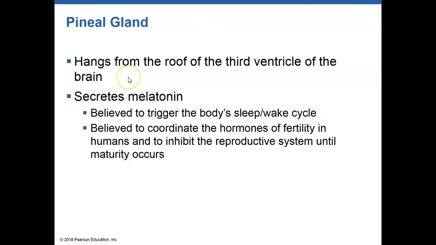The pineal gland is a little tiny gland that a lot of people forget about. It's just a tiny little gland found in a region of the brain called the epithalamus. And it secretes melatonin. Melatonin is needed to help us maintain normal sleep-wake cycle. So as the sun goes down and the environment becomes darker, we start releasing melatonin.